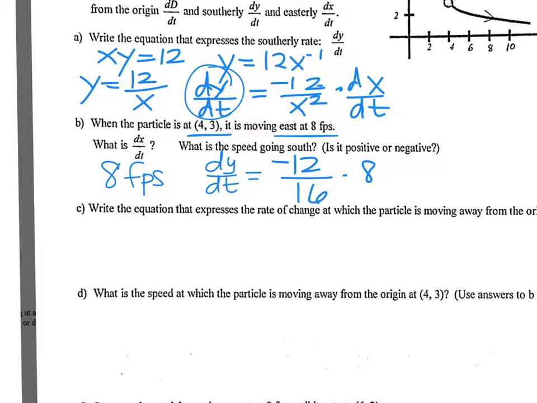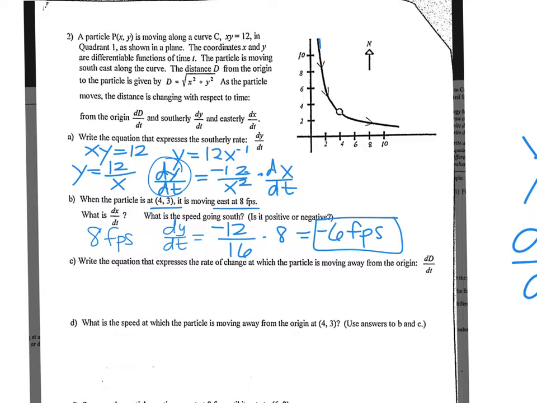And so this is negative 6 feet per second. Wouldn't you expect that to be negative? Look at the particle. It's going down and it's going to the east. So it's going in a positive x direction while the y's are going negative.